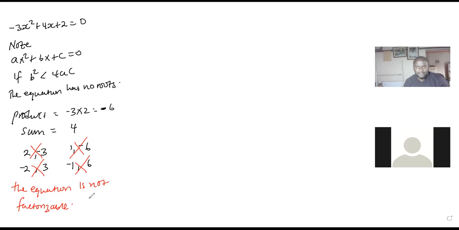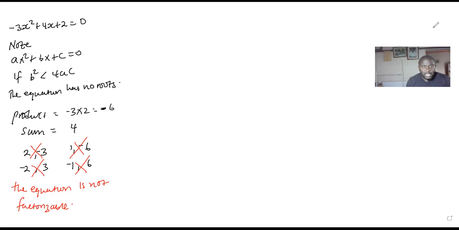We shall see it ahead, whereby we have roots of equations which do not have real values. They're imaginary values. So if it doesn't factorize like this one, then it goes for other methods, which can include the quadratic formula, as I'm going to show you.